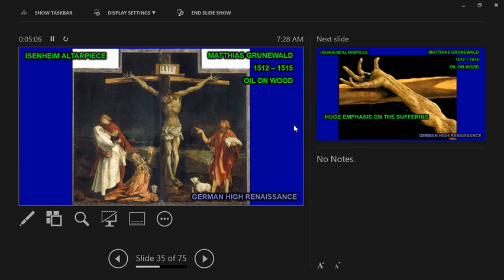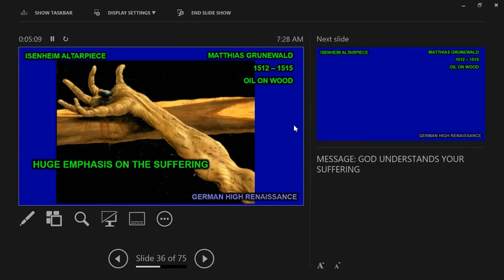But if we look close at this, we can see the suffering, and this is what the Germans are so good at. Do you remember the Röttgen Pietà? All right, the Germans are really good at showing suffering.